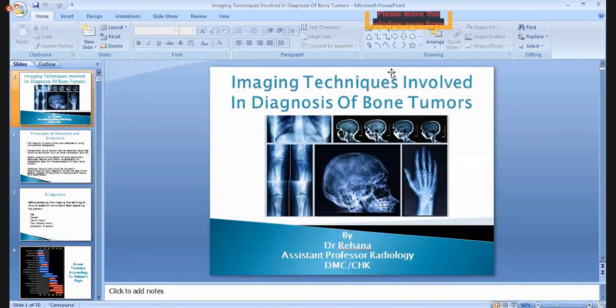So it causes cortical thinning. But usually these benign tumors do not cause cortical destruction. It causes thinning, but doesn't destroy the cortex.